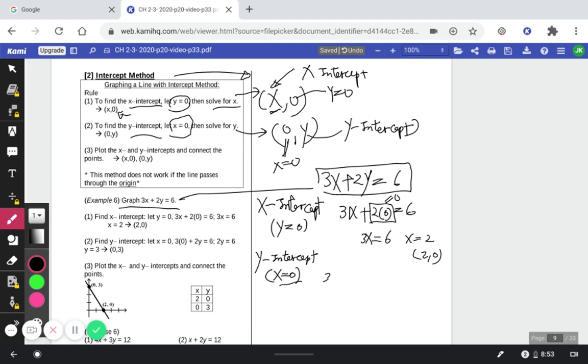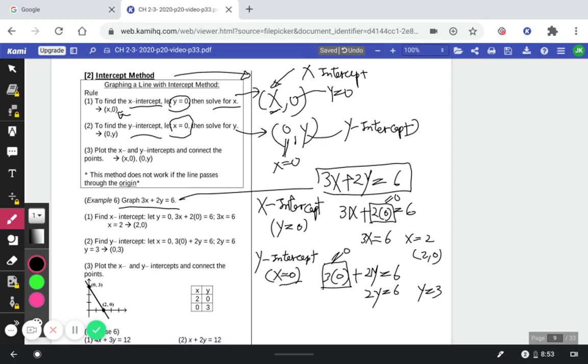So 3 times 0 plus 2y equals 6. Then you solve this for y, because x equals 0. 3 times 0 is always 0, and you don't have to write it. So 2y equals 6, so y becomes 3.